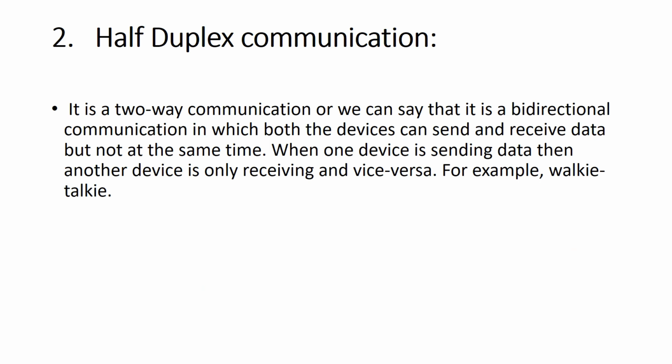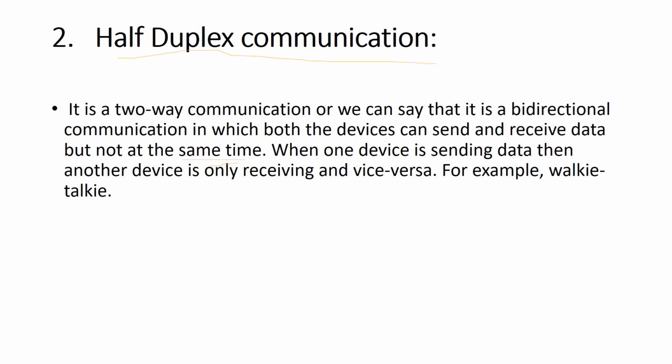The second type of data communication is known as half duplex communication. This is a two-way communication, or we can also call it bidirectional communication, in which both the devices can send and receive data, but not at the same time.